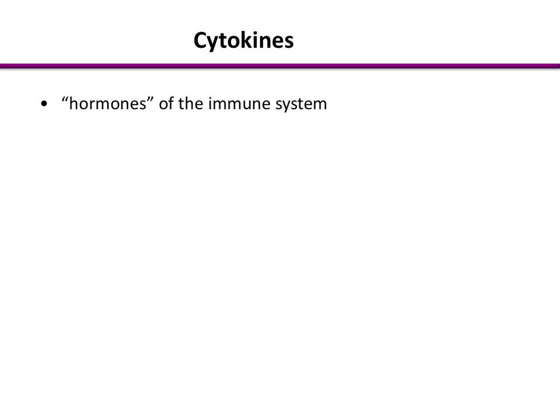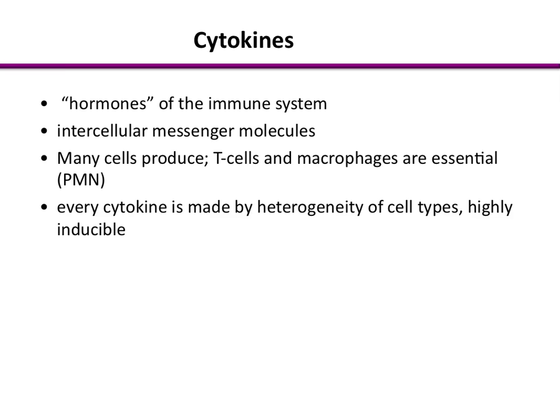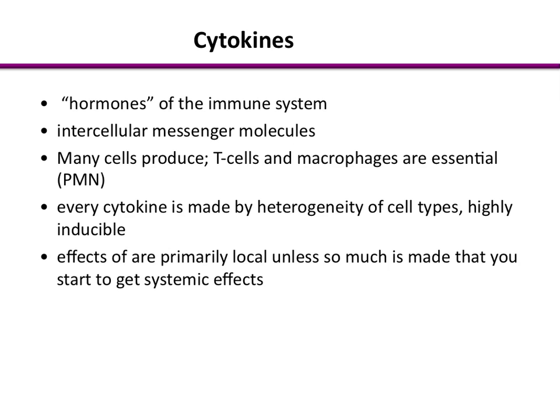Cytokines are really the hormones of the human immune system. They are intercellular messenger molecules, and many cells produce them, but T cells and macrophages are the professional ones and are essential in this. Every cytokine is made by a mixture of cell types, and cytokines are highly inducible.